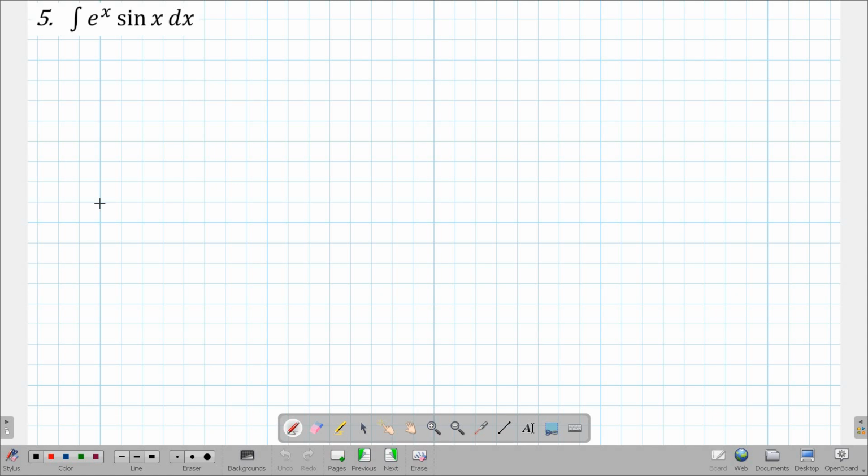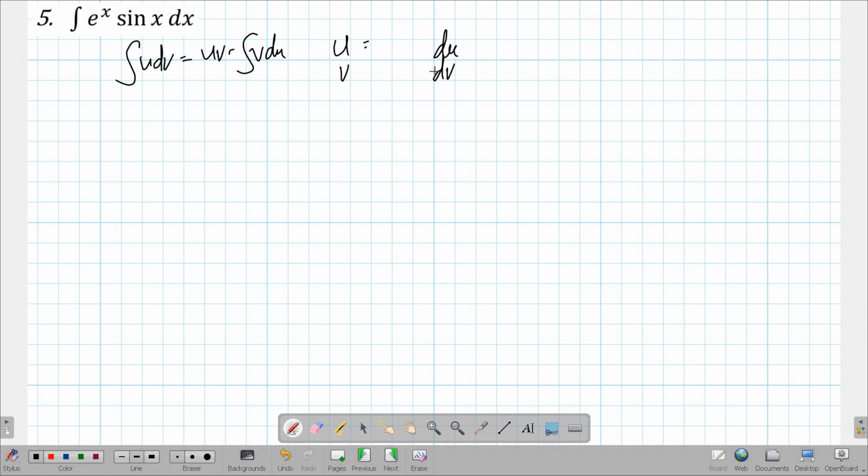Assuming that you have, and probably you might have noticed something wrong here. So let's first try. Again, the integral of u dv is equal to uv minus the integral of v du. Hence, we need to select our u and our dv and then later on du and v.